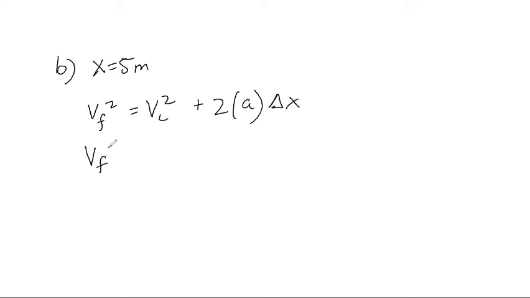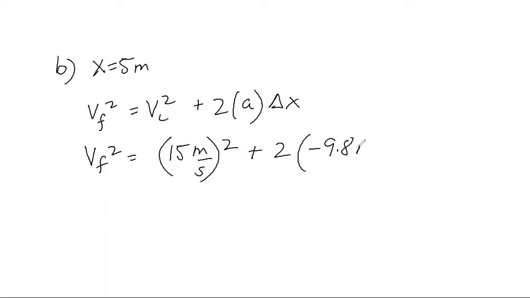So V final squared equals 15 meters per second squared plus 2 times negative 9.8 meters per second squared times 5 meters. Let me do this: 15 squared, plus 2 times negative 9.8 times 5.